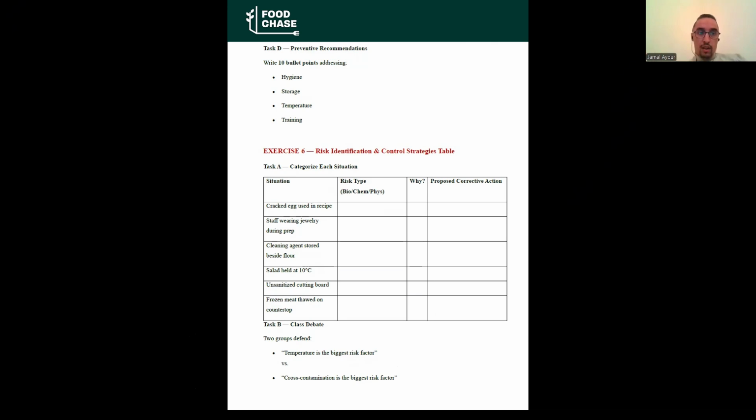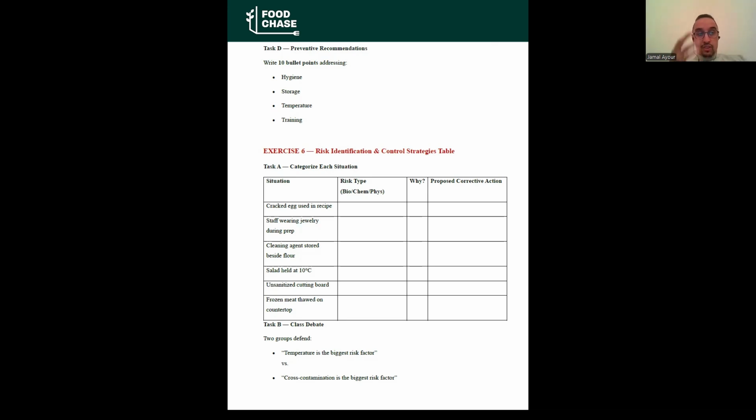One team argues that temperature abuse is the biggest risk, and the second team defends that cross contamination is greater.